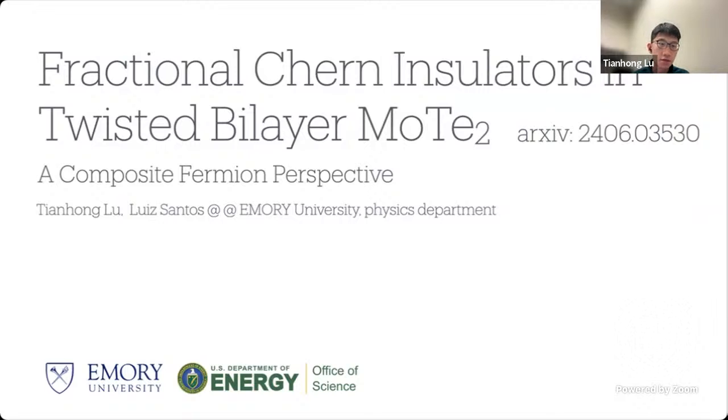Recently, last year, it was finally observed in experiments in a system called Twisted Bilayer MoTe2. In this work, we'd like to take a composite fermion perspective to show that Twisted Bilayer MoTe2 is a system that has rich FCIs and quantum phase transitions.